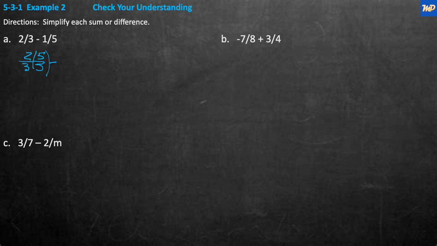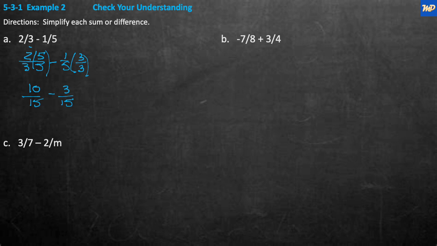Minus 1/5 times 3 over 3. And when we multiply this out, we get 10 over 15 minus 3 over 15.